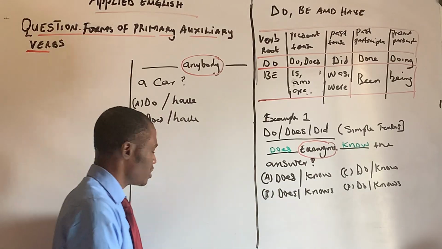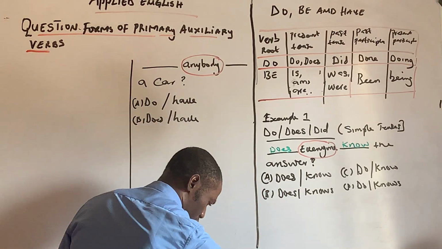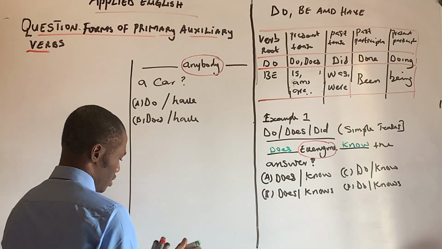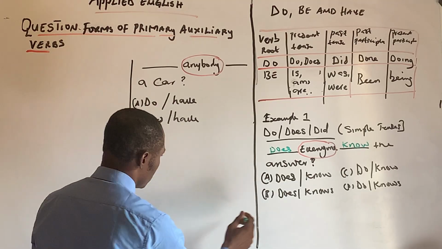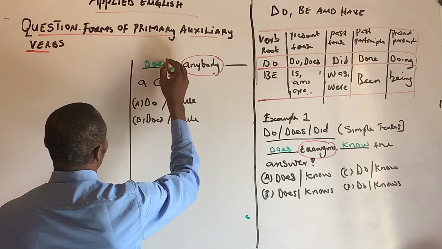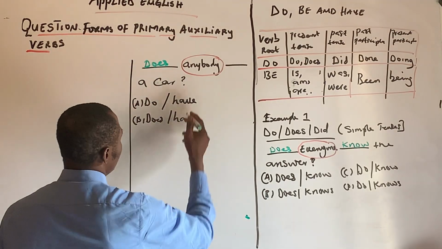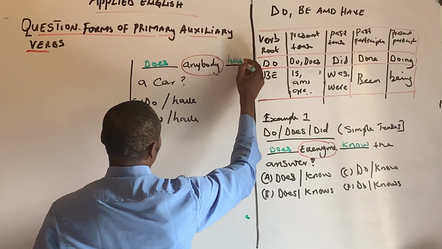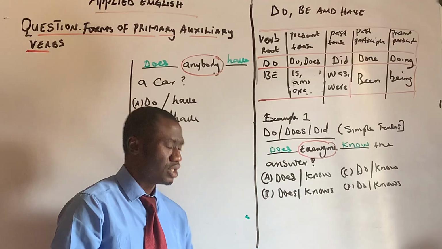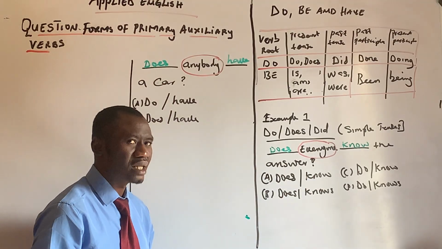So the singular subject here, let me look for my blue pen. Okay, it's working. The singular form here is does, and the plural form, of course, is do. All right. Now, let's give you another answer using this same singular subject.